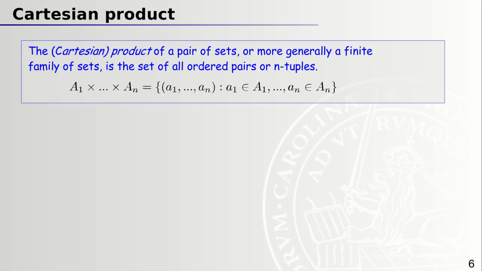More specifically, the Cartesian product of a number of sets A1 through An, they can all be different sets or not, it does not really matter to this definition, is the set of all n-tuples such that the kth component is an element of the kth set Ak. In other words, it is the set of tuples representing all combinations of elements from the sets A1 through An. The cross operator is spoken "cross", or occasionally "times", as in A cross B or A times B.